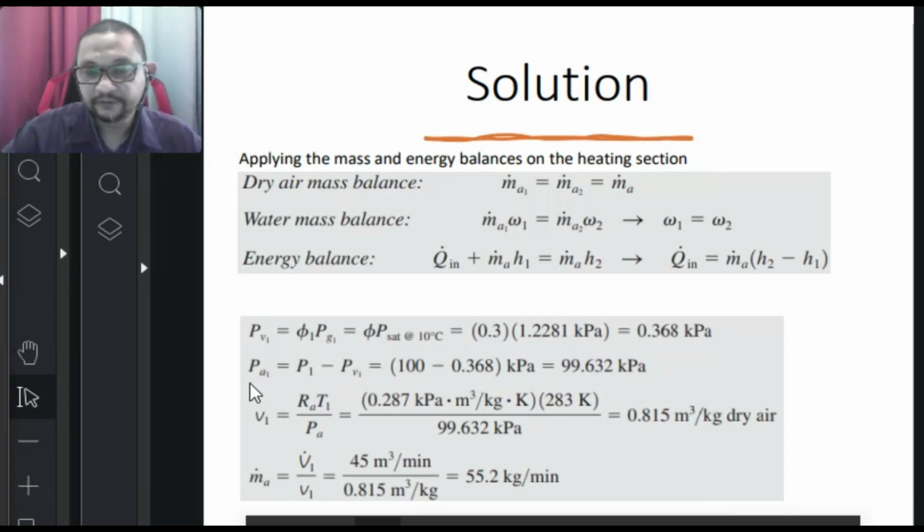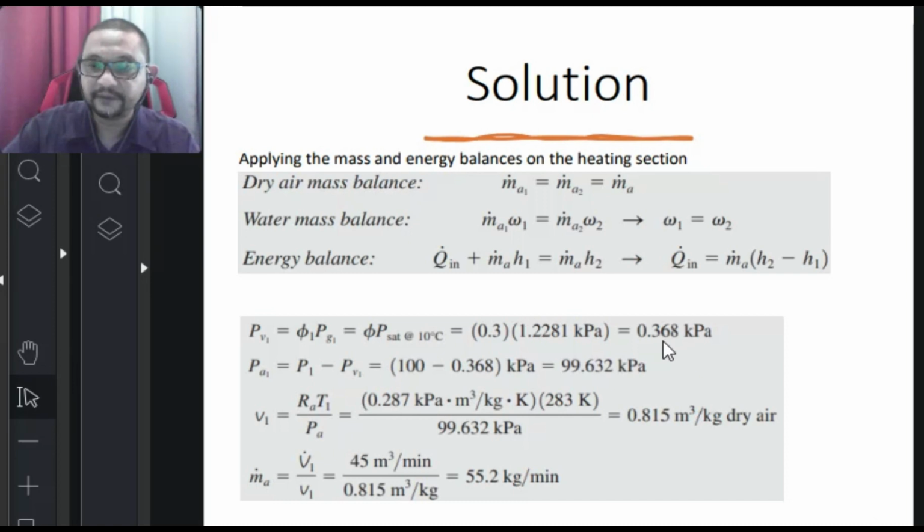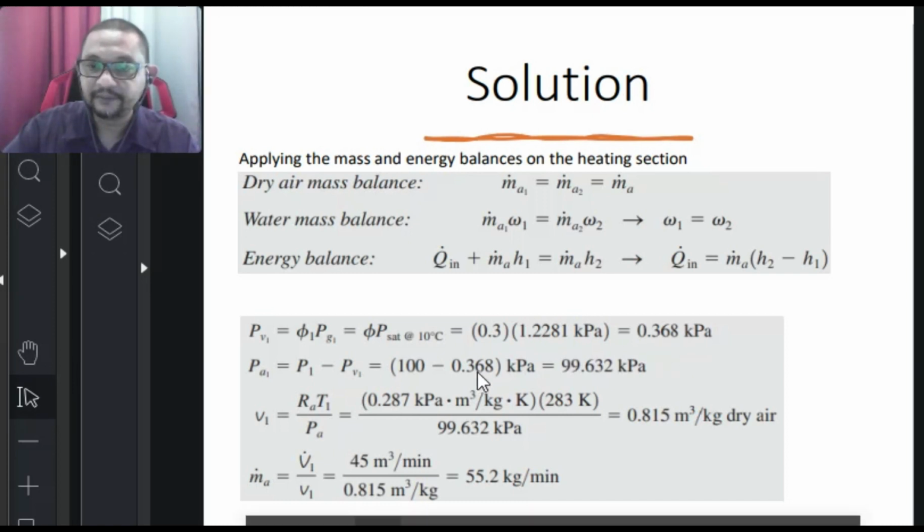So to find the pressure of dry air, P_a1 equals total pressure minus P_v1. Now it is equal to 100 minus 0.368, where you have found the answer before, 0.368 kilopascal. Put it in the equation, and then you get the pressure.